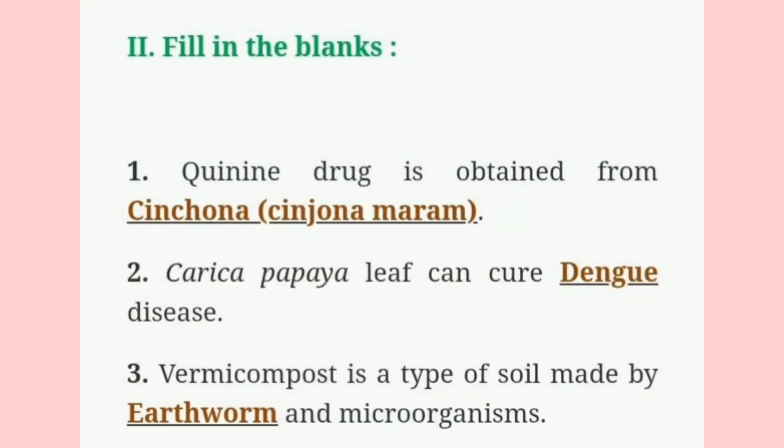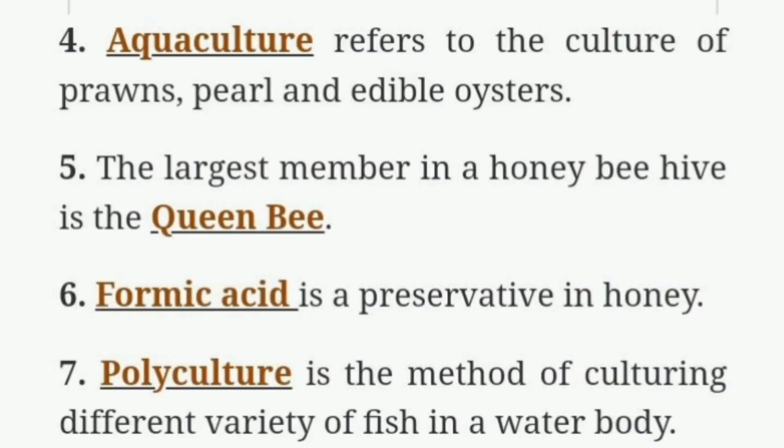Roman letter 2, fill in the blanks. First one, quinine drug is obtained from cinchona maram. Second one, Carica papaya leaf can cure dengue disease. Third one, vermicompost is a type of soil made by dash and microorganisms, earthworm.